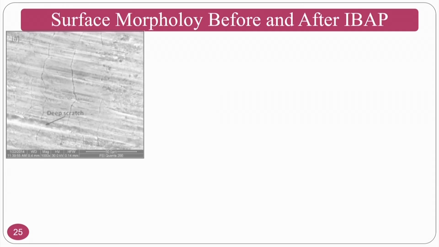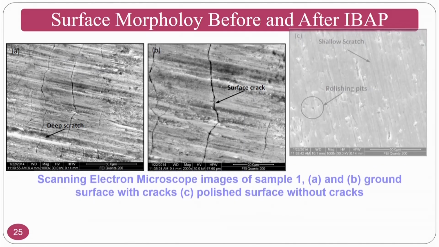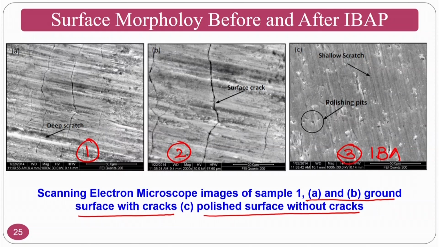Okay. Surface morphology, if you see, these are the surface morphology before and after. So A and B are nothing but the ground surface with cracks, and C is the polished surface without cracks. That means if I want to generate a certain surface roughness using the grinding process, figure 1 and figure 2 are the ground surfaces, and figure 3 is the ice bonded abrasive polishing process.